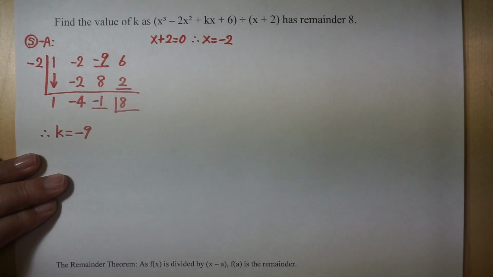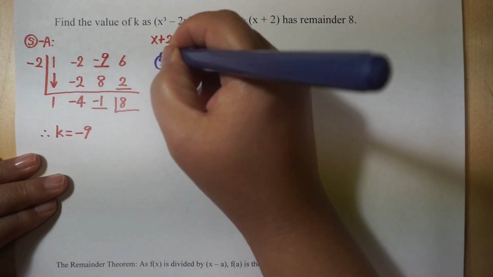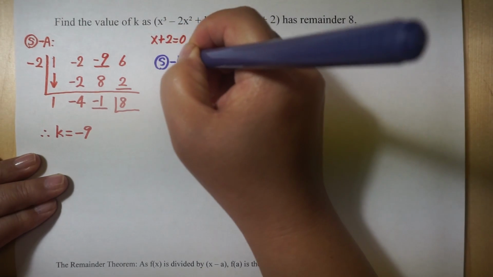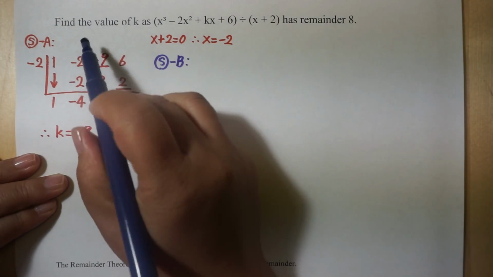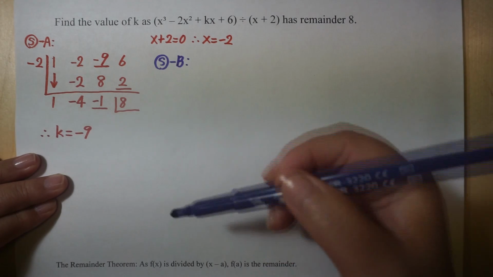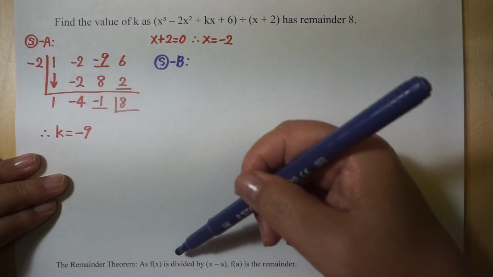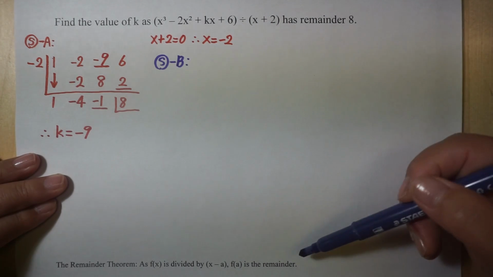So next, student B. Student B applied the remainder theorem to find the value of k. So here's the remainder theorem. As f of x is divided by x minus a, f of a is the remainder.